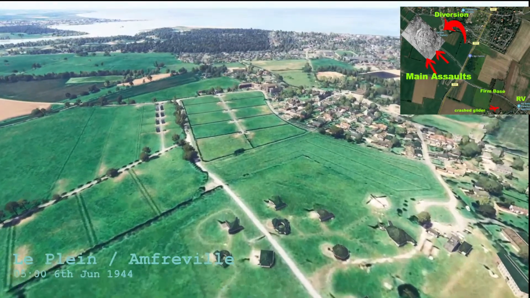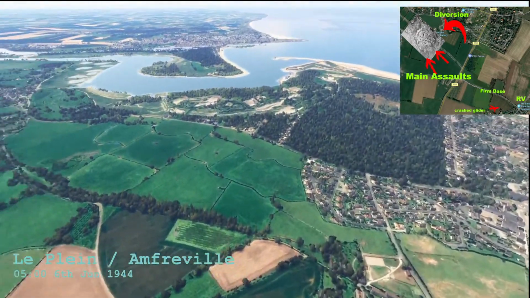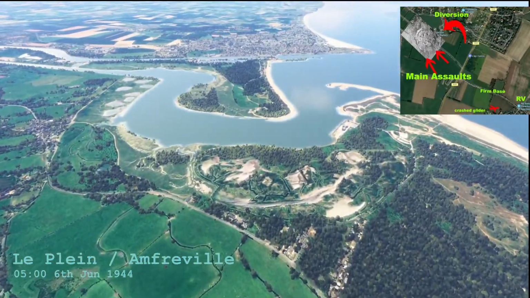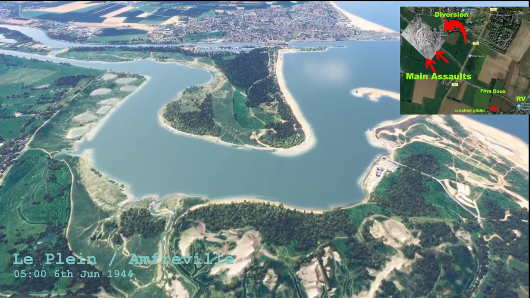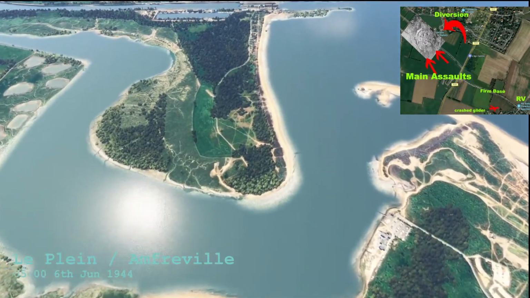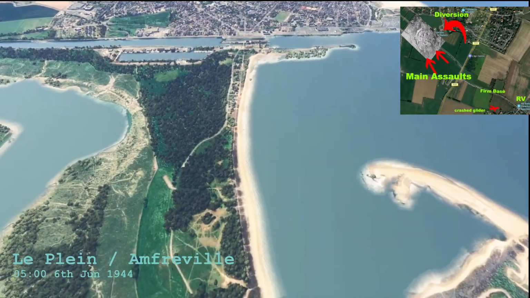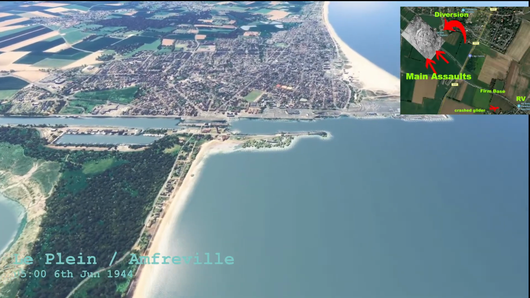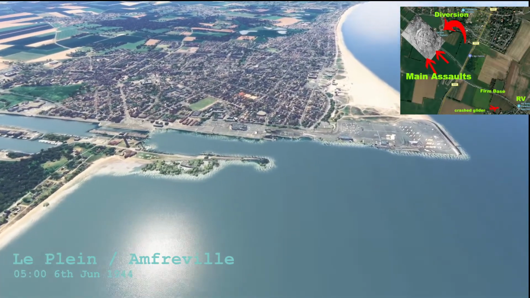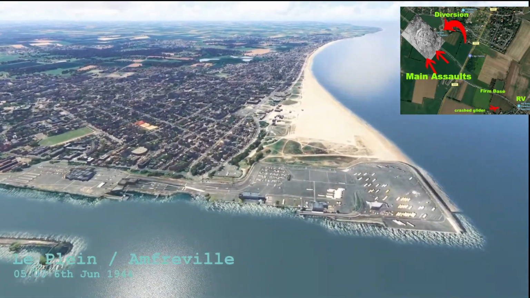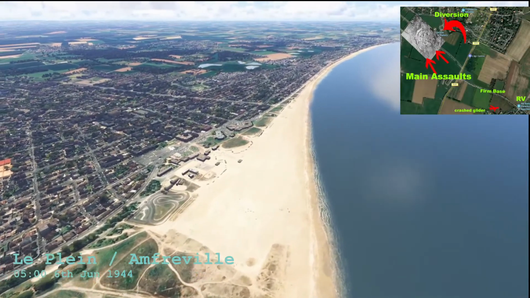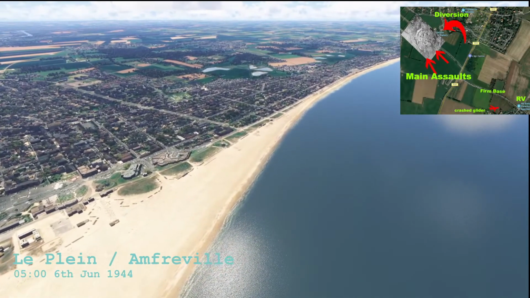So that sort of shows you that the range these guns had was basically to this area here, and effectively he admits that the guns couldn't affect Sword Beach.